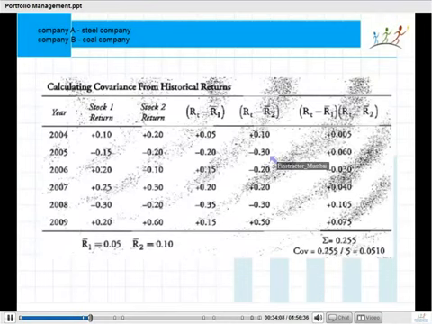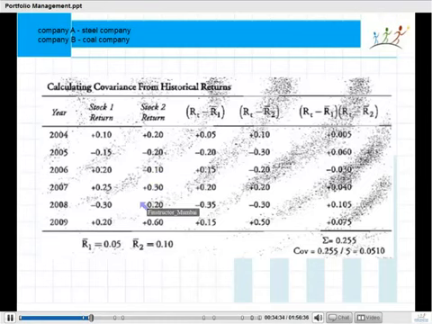So let's look at two stocks and let's try to compute the covariance between them. So when stock A gave a return of 10%, stock B gave a return of 20%. When stock A gave a return of minus 15%, stock B gave a return of minus 20%. When stock A gave a return of plus 20%, stock B gave a return of minus 10%.